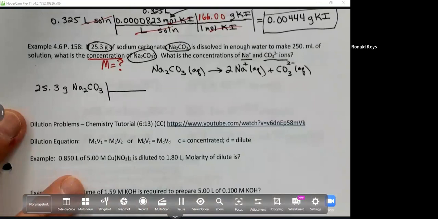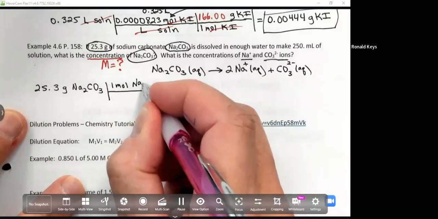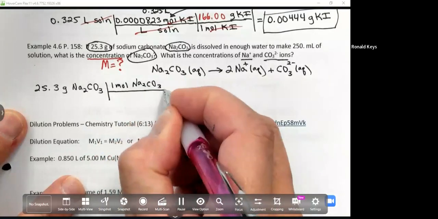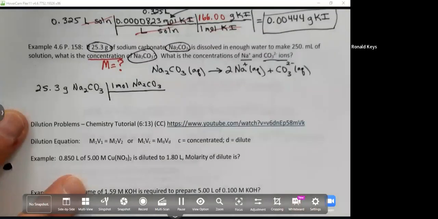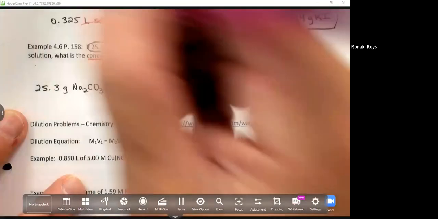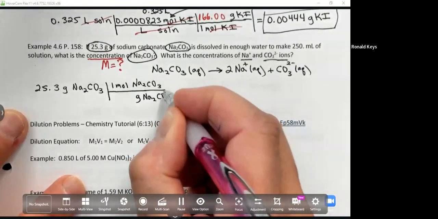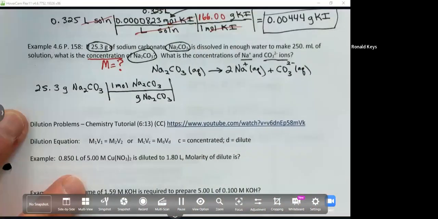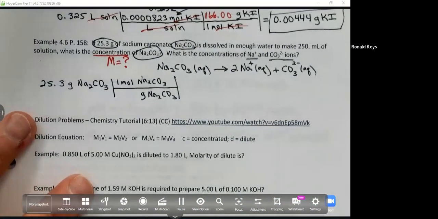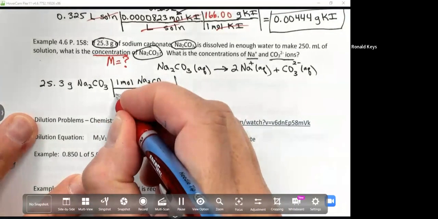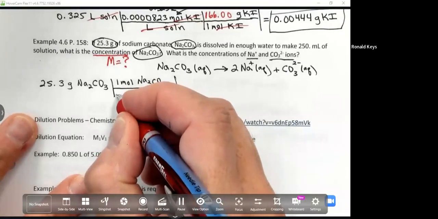And let's see, how many grams in 1 mole? 1 mole sodium carbonate. How many grams? 105.99.